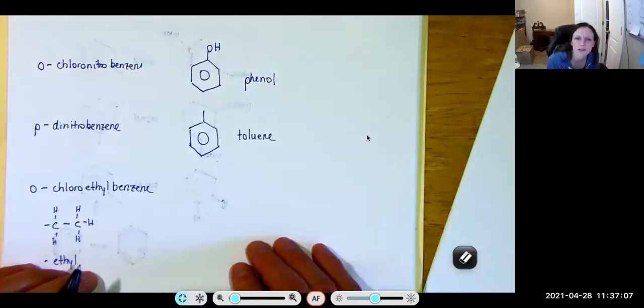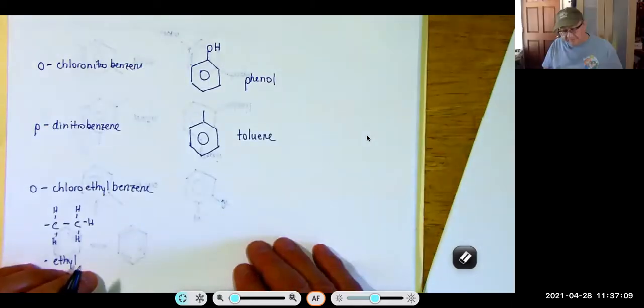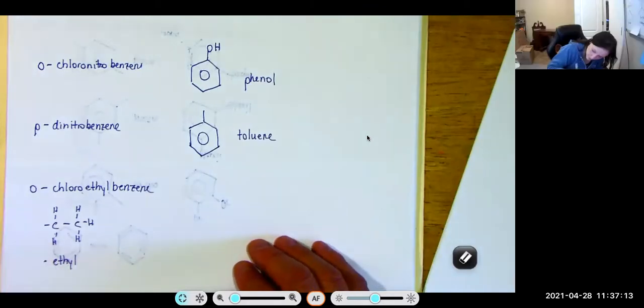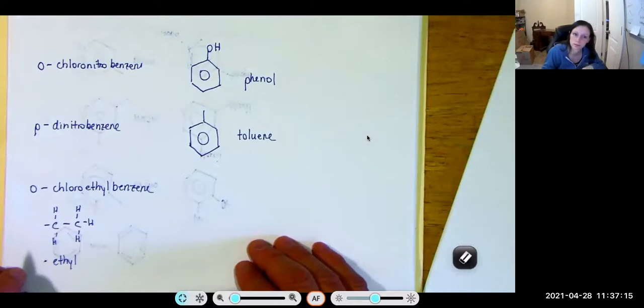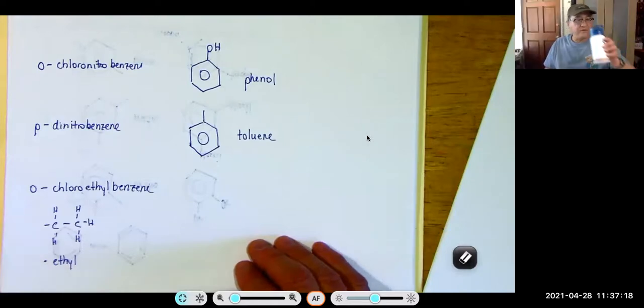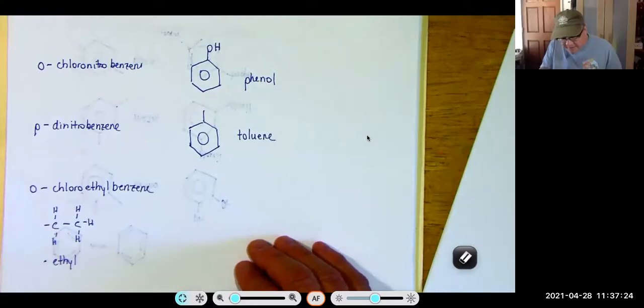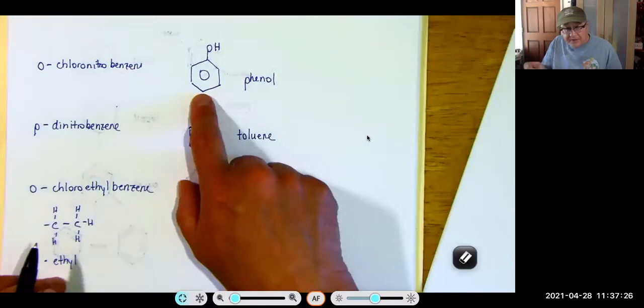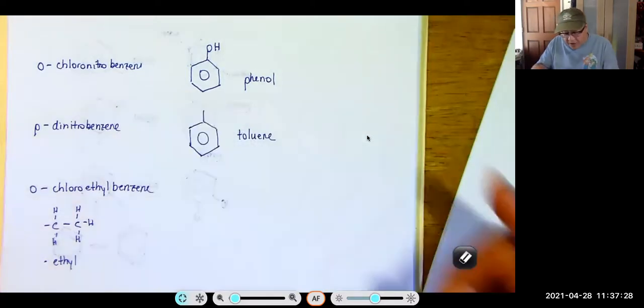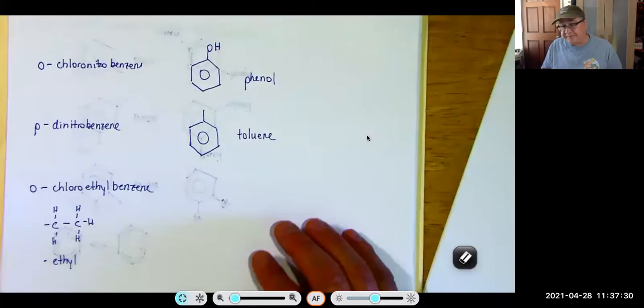What is that OH at the top? That's an alcohol. What is connected to the bottom one? Nothing. These are molecules that only have one substituent.